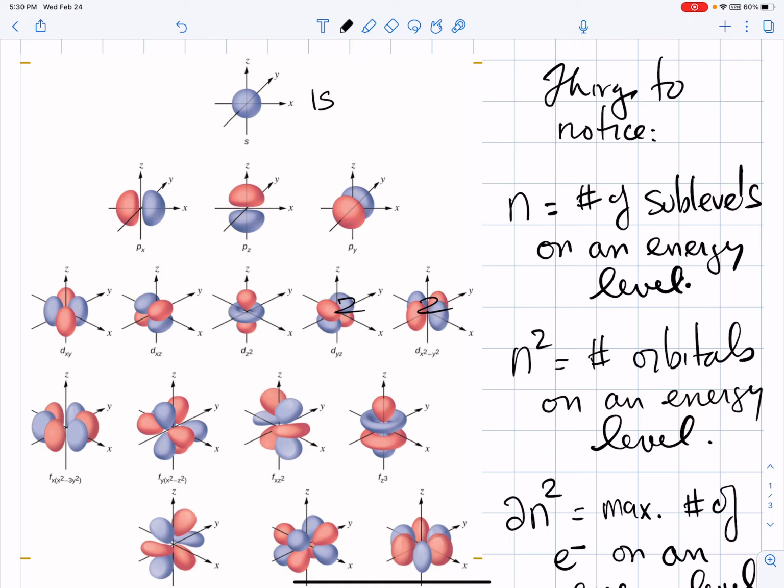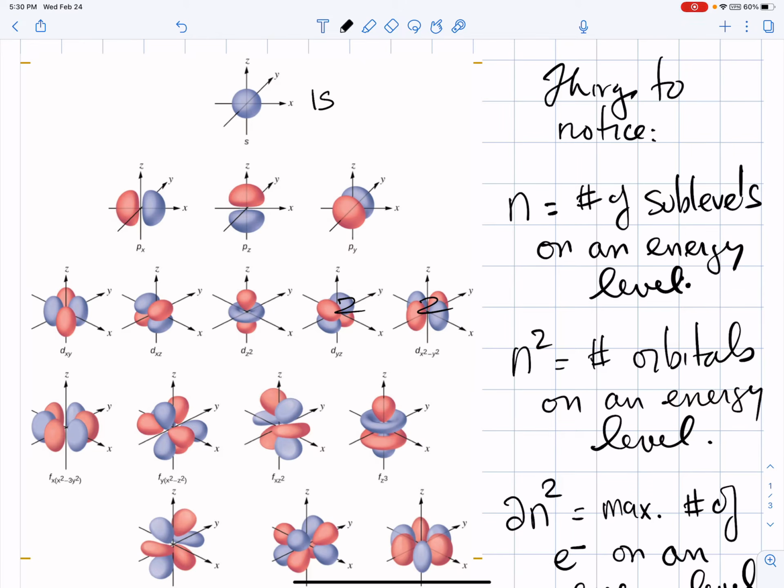The 1s orbital is spherical, the nucleus is at the center. An electron that's in the 1s orbital is flying around the nucleus in that spherical region of space. So on level 1, there's this one sublevel, the 1s sublevel, and it has one orbital, the 1s orbital.